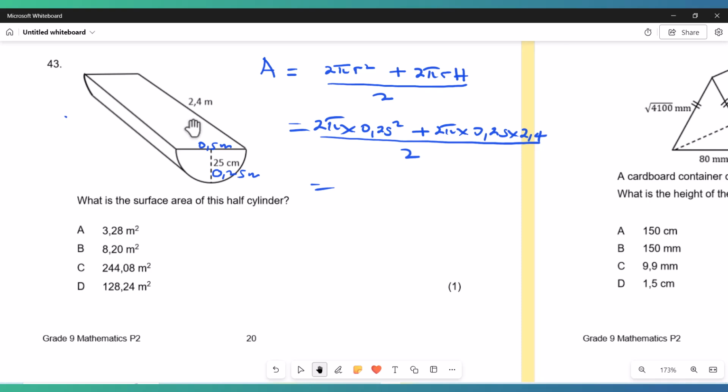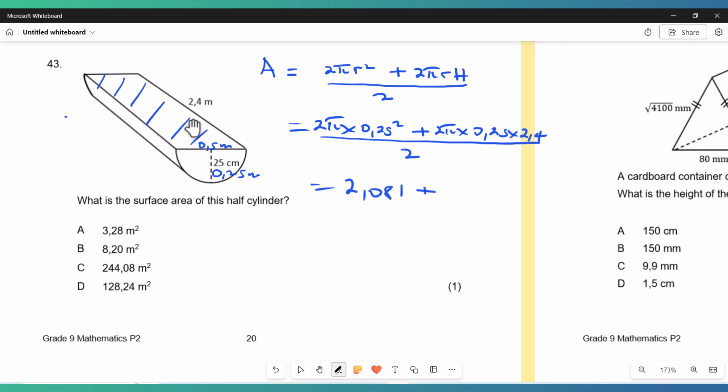So fraction button, this is 2 pi times 0.25 squared, and then plus 2 pi again times 0.25 times 2.4 divided by 2, which gives us 2.081. Now, even the one which has been exposed here, if I may shade it, it's a rectangle.